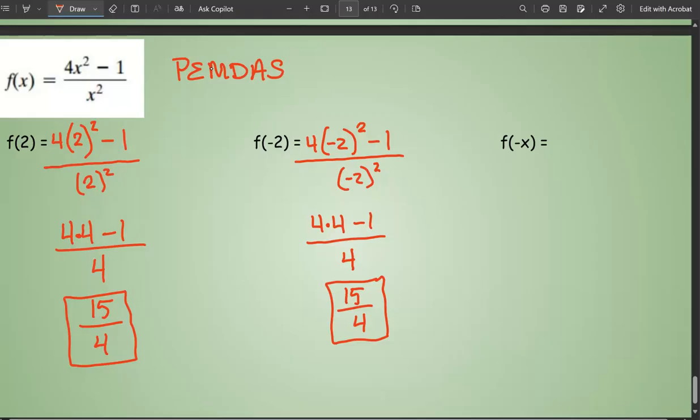And if we put negative x, 4 times negative x squared minus 1, over negative x squared. Exponents first. A negative times a negative gives me a positive: 4x squared minus 1 over, whoops, I put a 4 down there, over positive x squared.